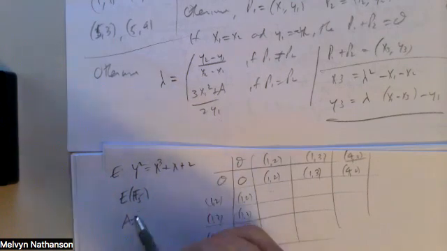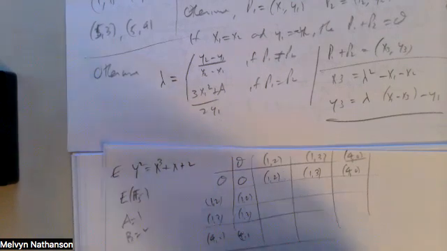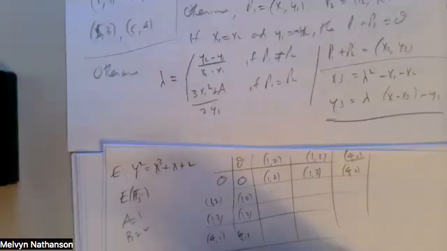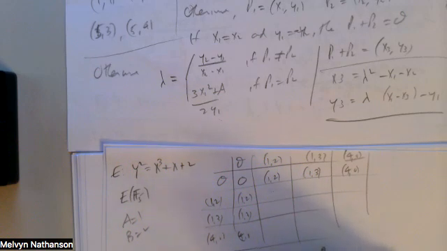A is equal to 1, B is equal to 2, x1 is 1, y1 is 2. So this is 3 times 1 squared plus 1 over 2 times 2. This is 4 over 4, which is 1.